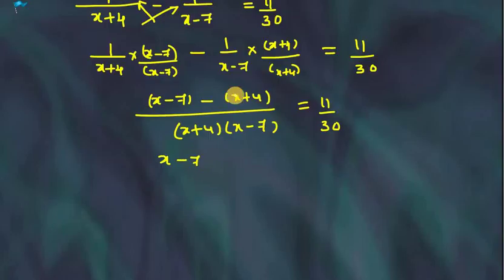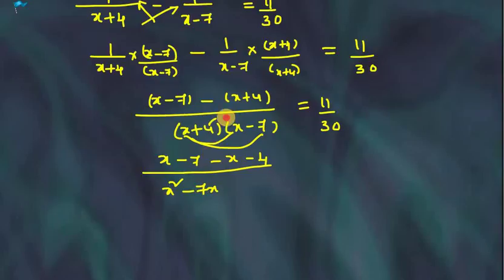If I open the brackets, minus x minus 4, plus into minus, minus, plus into minus, minus by. So multiply this, x into x, x square, x with minus 7, minus 7x, 4 with x, 4x, 4 with minus 7, minus 28, that is equal to 11 by 30.